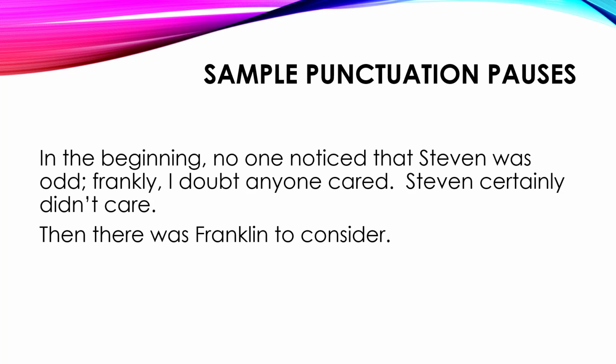And a period, that's a long pause before we say, Stephen certainly didn't care. Period, new line. Now we're starting a new paragraph, so an even longer pause before we say, then there was Franklin to consider. So this shows you how the various punctuations introduce pauses. And they're introducing pauses by segmenting the sentences into chunks, or the text into sentences and chunks.